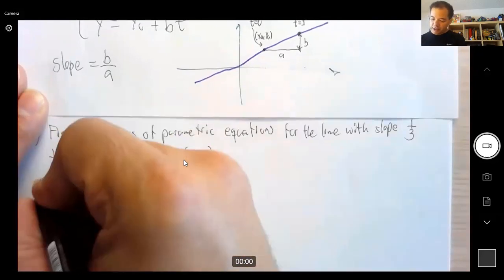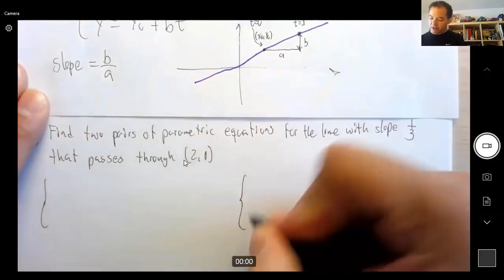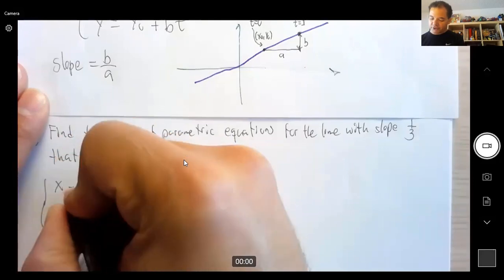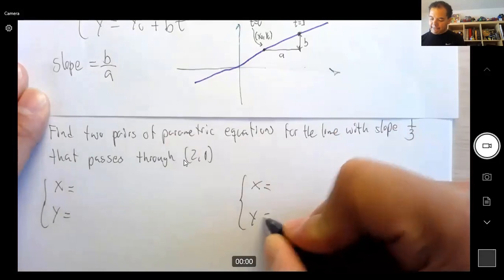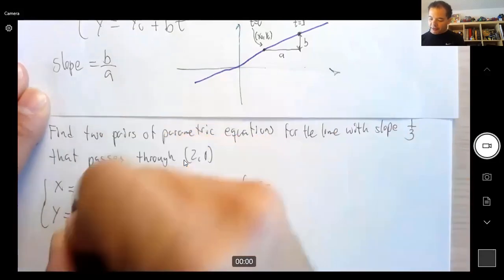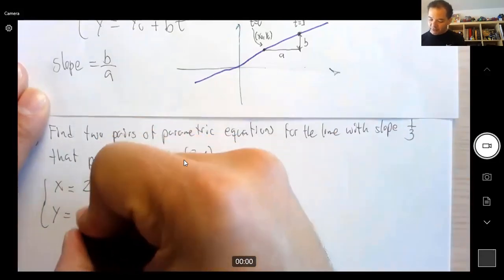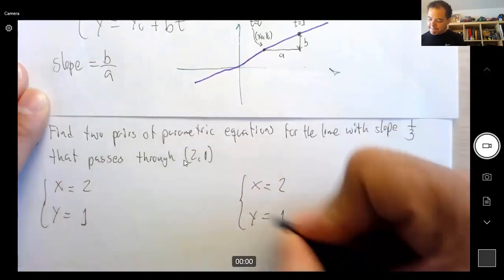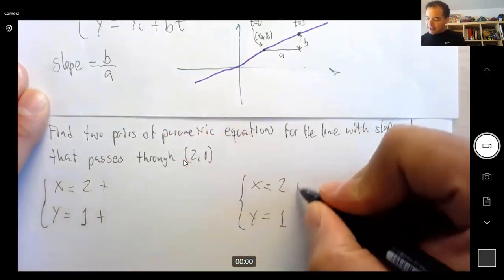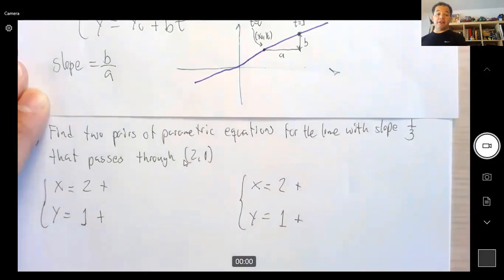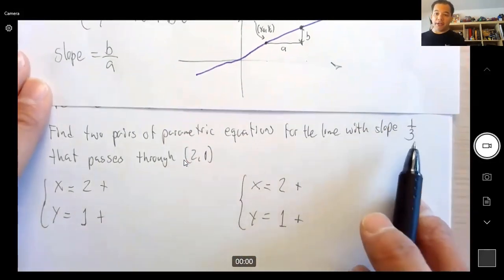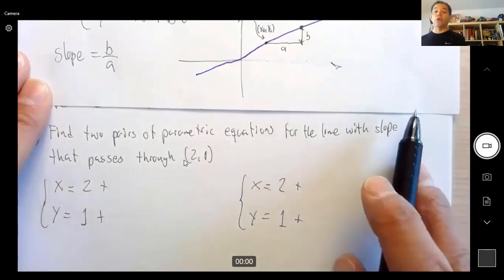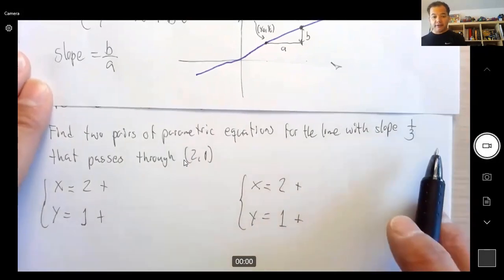So here they're asking us for two different ones. So I'll show you in a moment how we can do them. So 2 comma 1, the point is 2 comma 1, so this goes here. And the way we can make them different is by writing the slope in a different way. So the slope 1/3, we can also write it as, I don't know, 2/6 or 3/9, right?